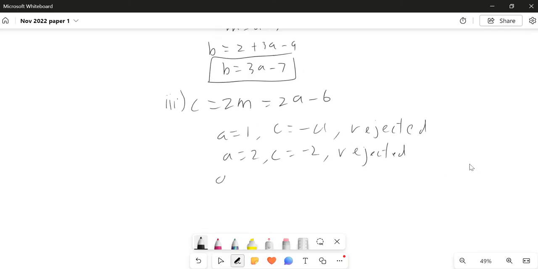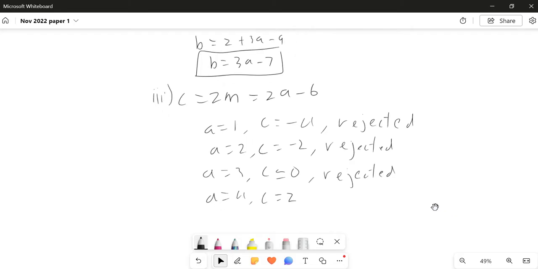And then a equals 3, c becomes 0 because 6 minus 6, which is not one of the values either, so also rejected. And then a equals 4, then c becomes 8 minus 6, so c becomes 2. And let's try b equals 3a minus 7, so 12 minus 7, that is 5.